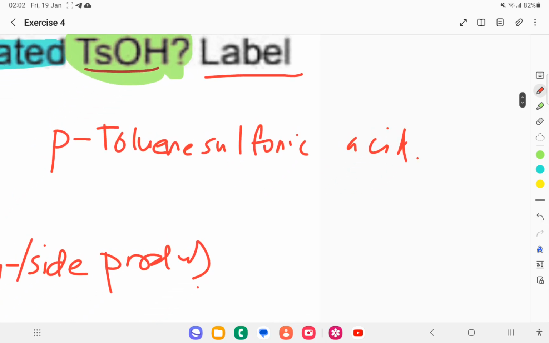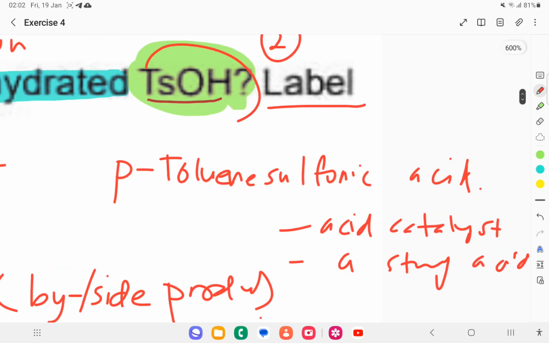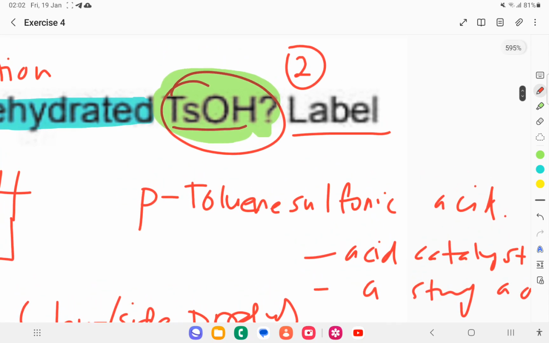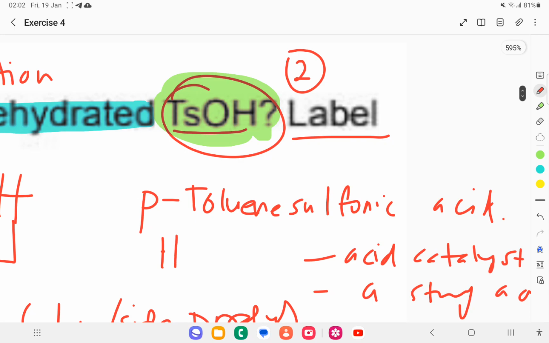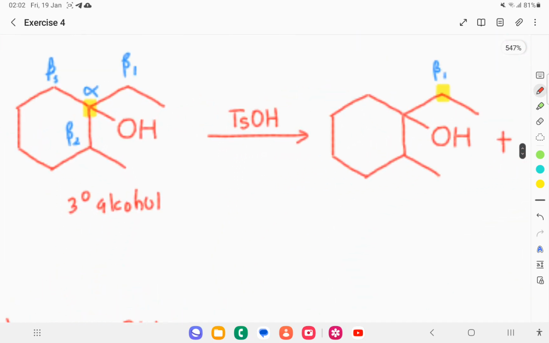It is a type of acid catalyst, also a strong acid. This is the reagent for the dehydration of alcohols. You can also use H2SO4, which is sulfuric acid, as another reagent. Okay, then we proceed.